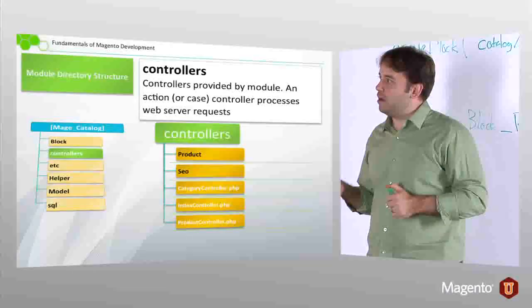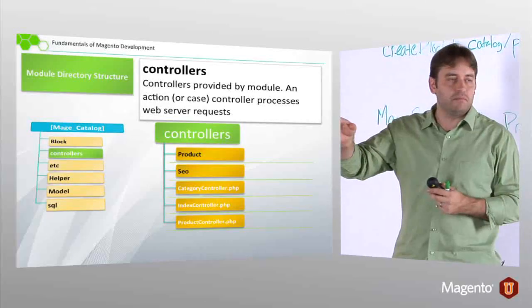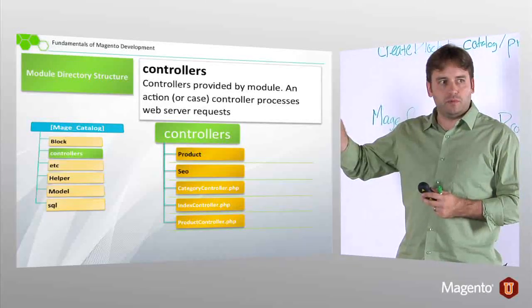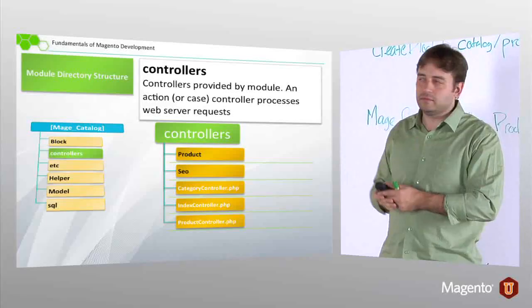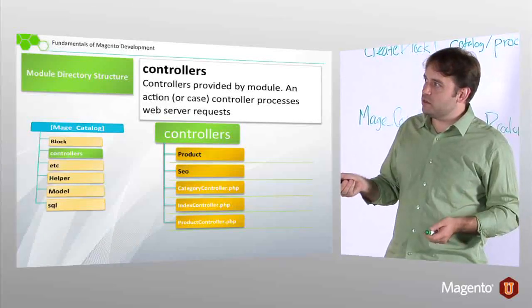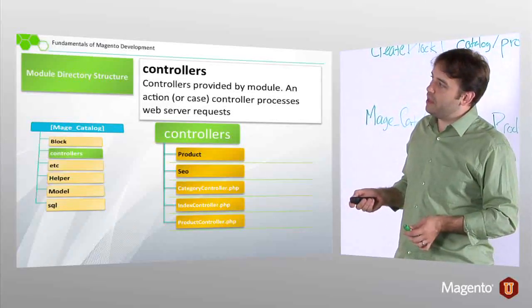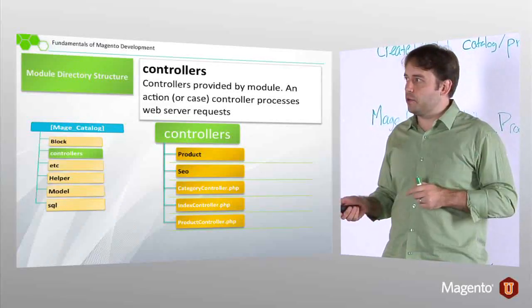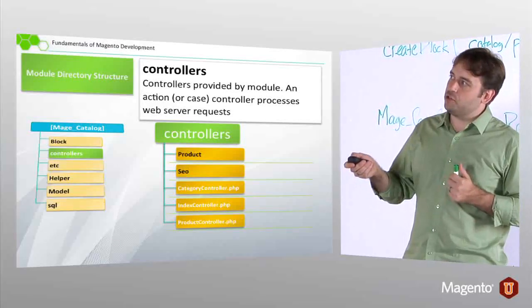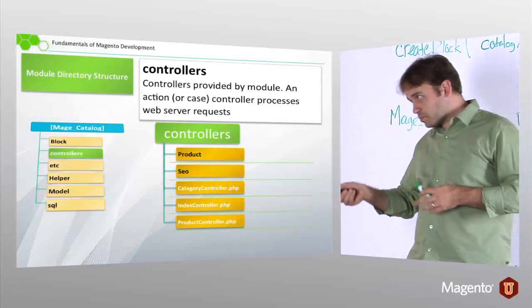So for catalog product view, that's a product page. That would be site.com/catalog/product/view/id/10. That would get mapped through configuration all the way up to Mage Catalog controllers. Again, these aren't loaded through the autoloader, but it'll get matched through configuration to Mage Catalog controllers, and then from controllers into the file system.